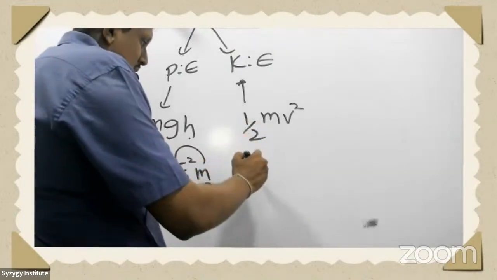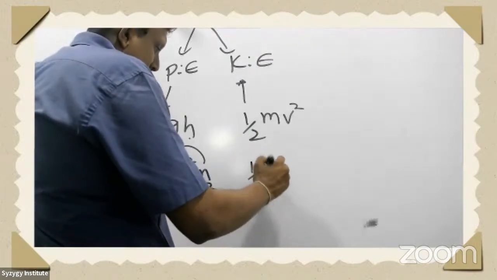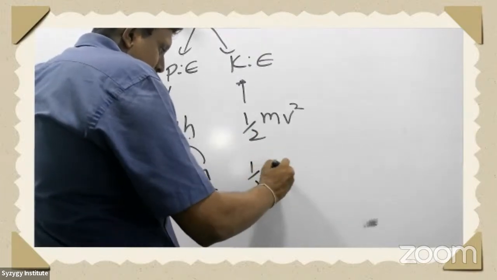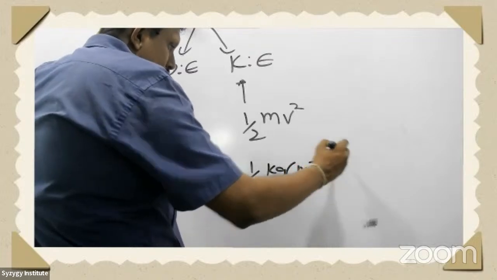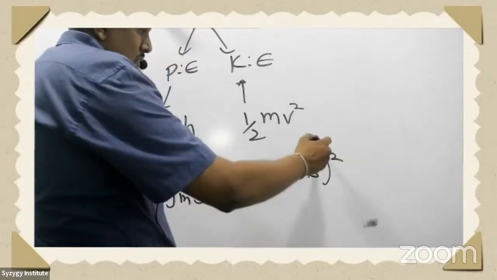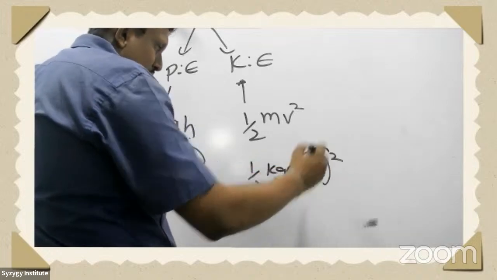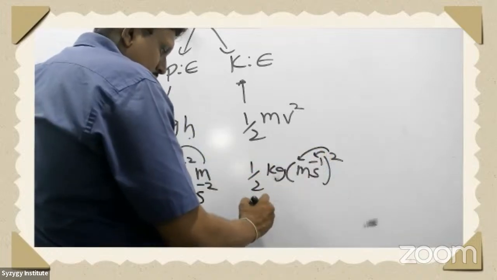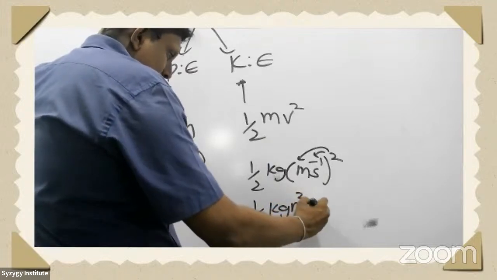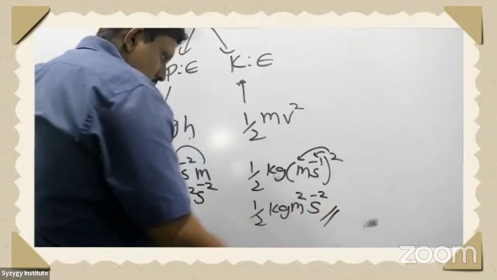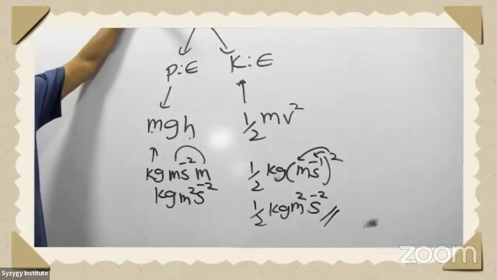With half mass, you can write kilogram times v squared, m s minus 1 into full square. Then multiplying by half, kg m squared s to the power minus 2. Is this clear? Right, okay.